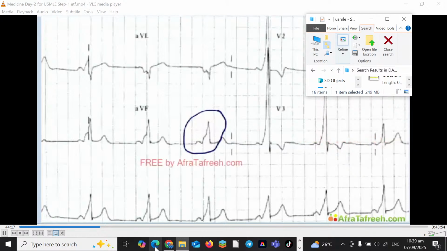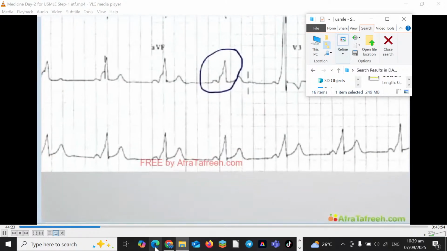If P wave is inside the QRS complex, nothing would be seen. Yeah, lead two. Pre-excitation is because of the early entry from the atria into the ventricles via the accessory pathway. See, the AV nodal delay is a normal thing. So AV node will result in the delay.